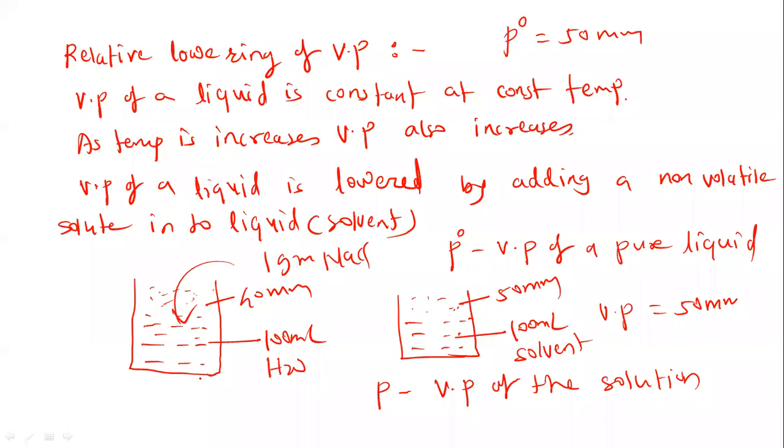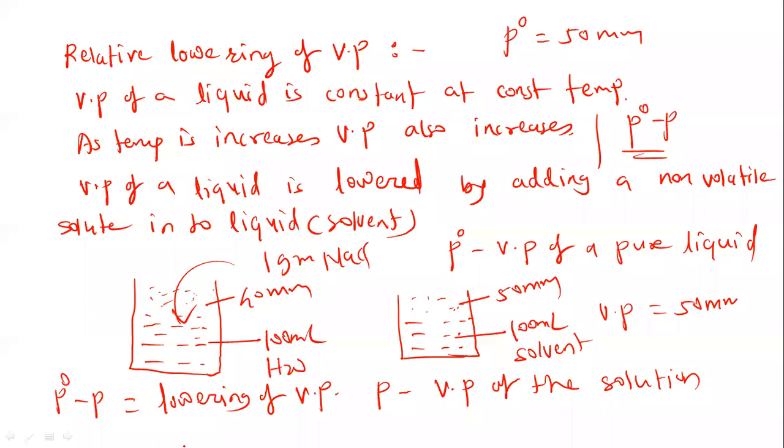Now, what is the lowering of the vapor pressure? Lowering of vapor pressure is going to be discussed first. In this case, P0 minus P is called the lowering of the vapor pressure.